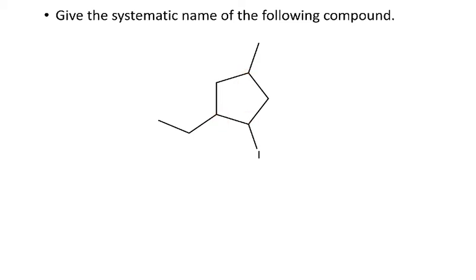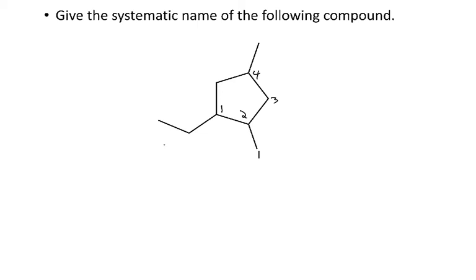If I went the other way, same way, 1, 3, and 4. So I think I want to start from one of these guys, right? So I could get 1, 2, 3, 4, or 1, 2, 3, 4. So then to break the tie, I would use alphabetization. So ethyl, E comes before iodo, I. So my numbering is going to be 1, 2, 3, 4.